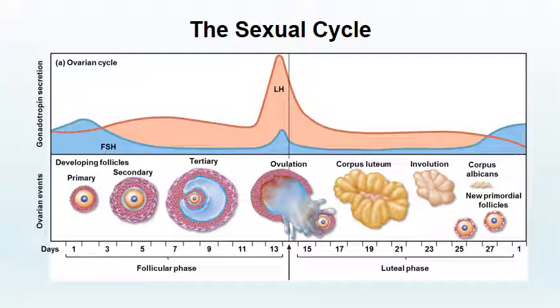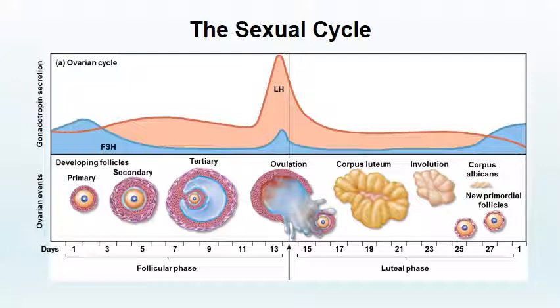The sexual cycle is essentially talking about the rhythm of the ovaries and the uterus. So how do the ovaries and the uterus work together to have follicles and eggs maturing, to go through ovulation, and then that's all happening in the ovary. Meanwhile, while all that's happening, we are preparing the uterus for implantation should a fertilization event occur.